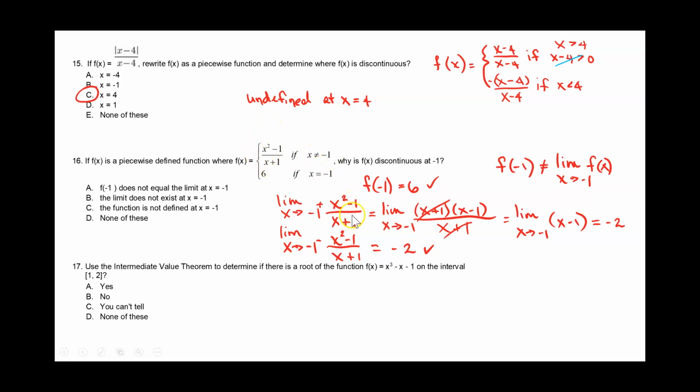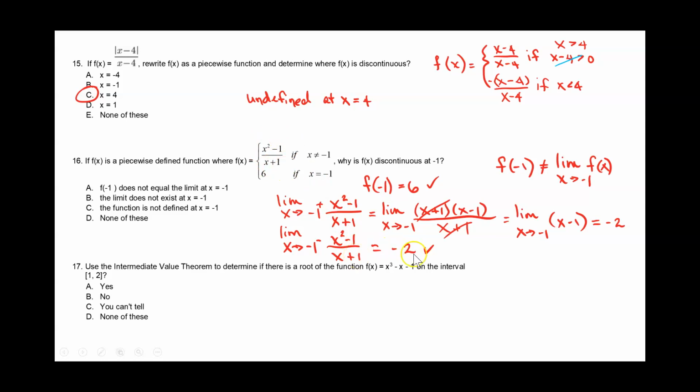When I do direct substitution, I get 0 in the denominator, but I can factor and cancel as we did earlier, and then I have the limit of something that's well behaved. Same idea when I'm approaching from the left-hand side. Approaching negative 1 from the left, I would be using values like negative 1.1, negative 1.01, negative 1.001. All of those values are not equal to negative 1, so I would use this top piece.